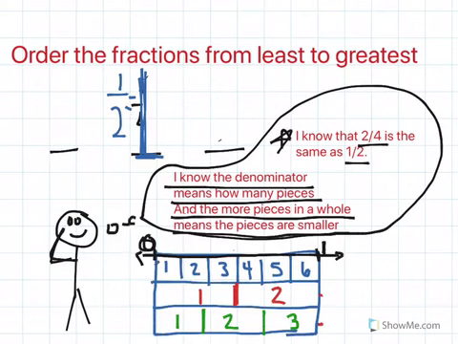So I'm going to go through now and shade in. I have 1 out of 6, or I would have 1 out of 2, or I could have 1 out of 3. Now right away I can see which fraction is the greatest amount, which one is the smallest amount.